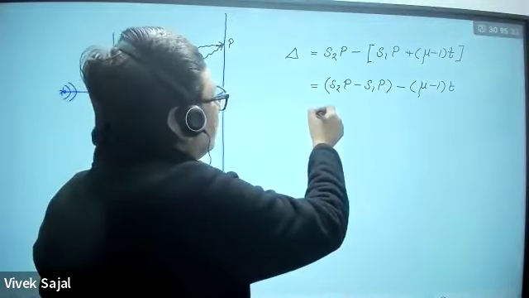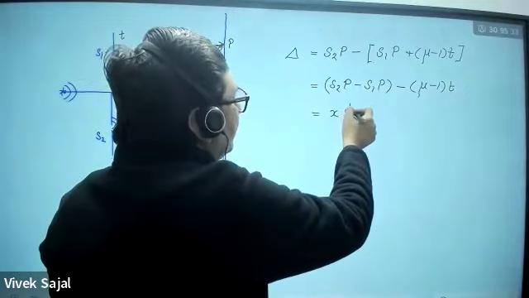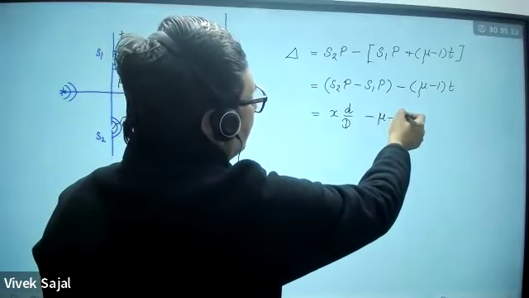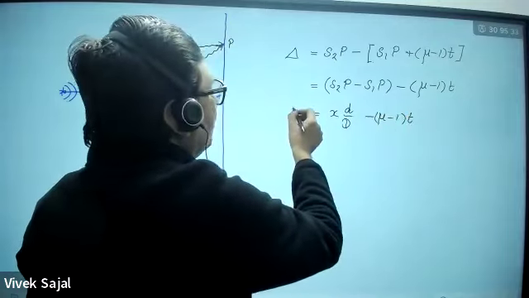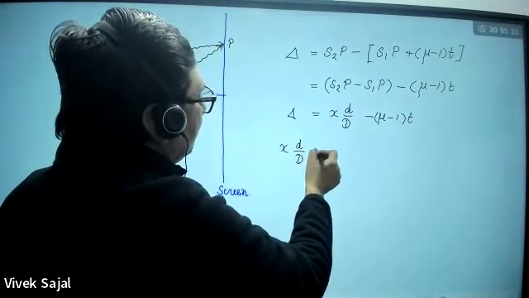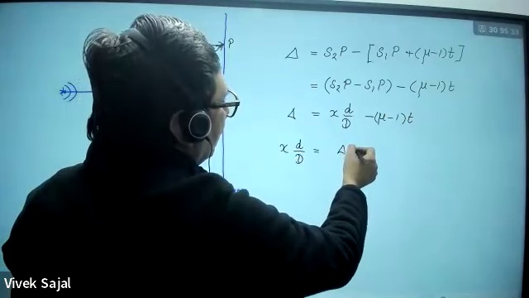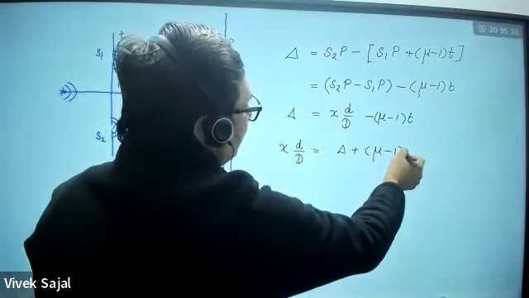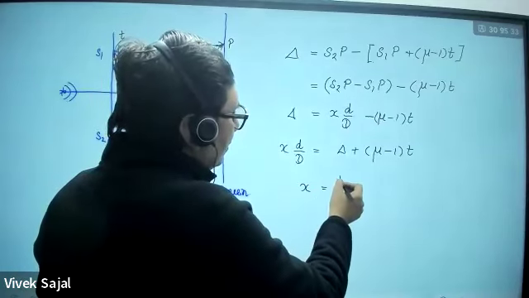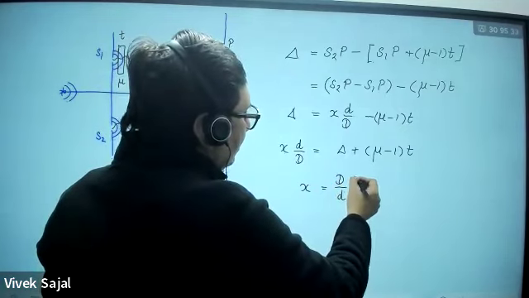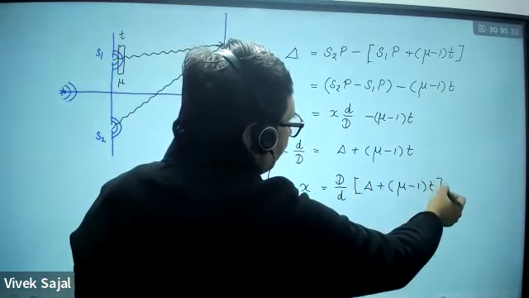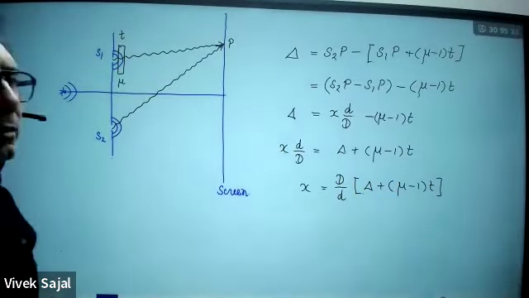From that geometry, this was equal to x small d by capital D. So xd upon D is equal to delta plus mu minus 1 into T. So this x will be capital D by small d, times delta plus mu minus 1 into T.